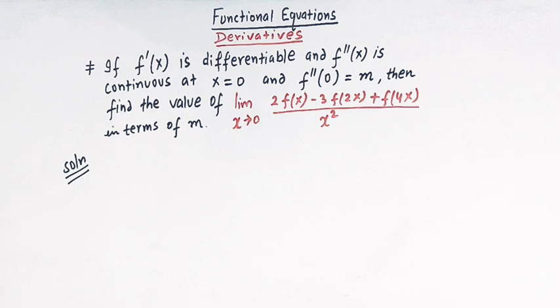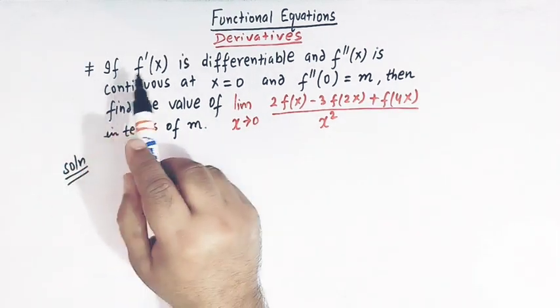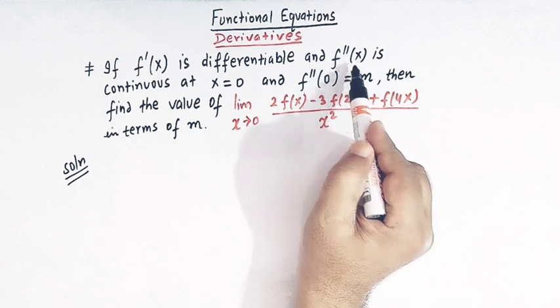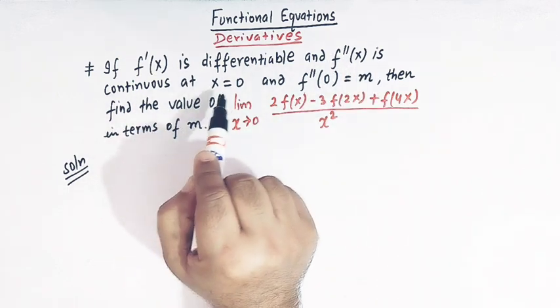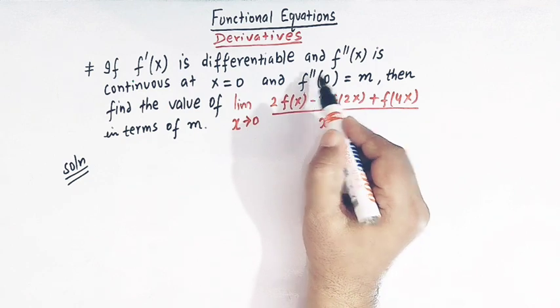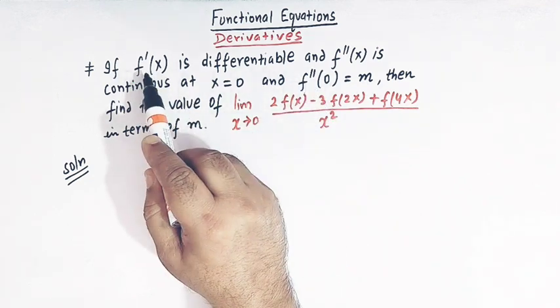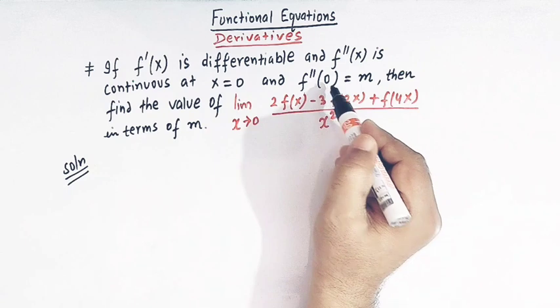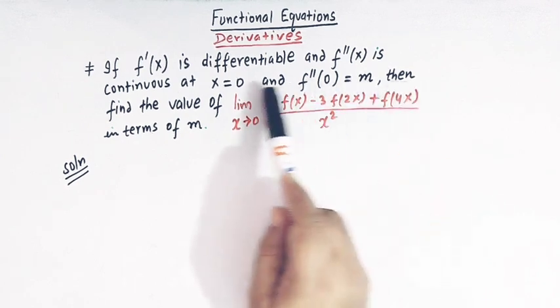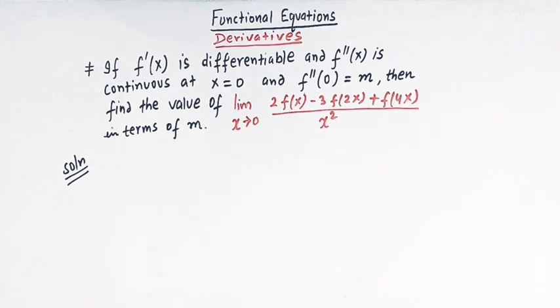So let us start. So here we have the problem, that is if f prime of x is differentiable and f double prime of x is continuous at x is equal to 0, and the value of the second derivative of f(x) at x is equal to 0 is m, then we have to find the value of this limit in terms of m, right?